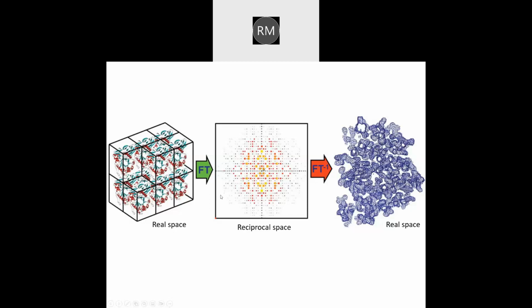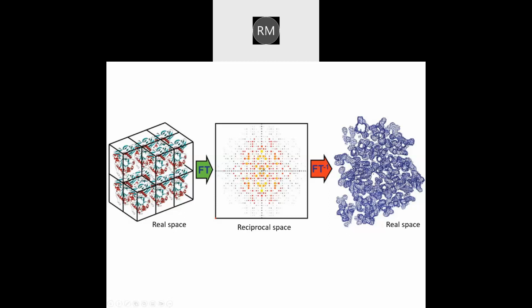Now, what is there in this reciprocal space? Each spot is basically a reflection, called an X-ray diffraction spot or reflection. This reflection has a particular intensity and also a phase angle. Like phase, you can see there is a phase shift in the electromagnetic radiation, which can be from 0 to 360.